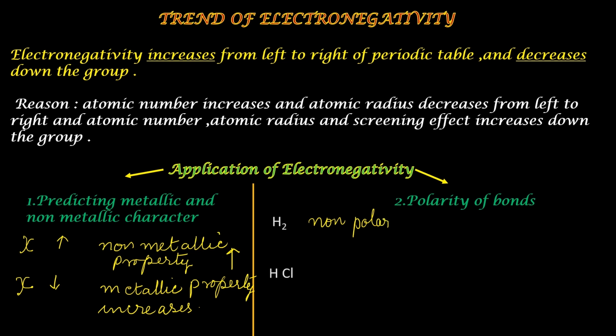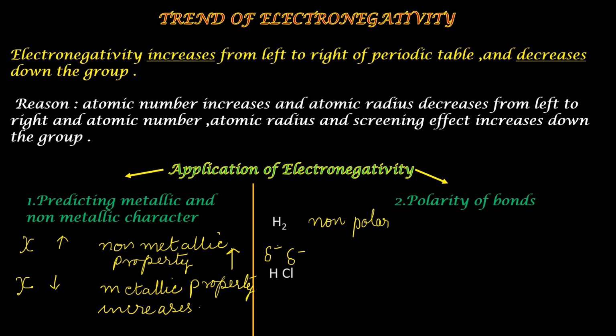But the covalent bond in hydrogen chloride is not like this. The shared pair of electrons will remain closer to chlorine atom because chlorine is more electronegative than hydrogen. So chlorine develops a delta negative charge, that is a partial negative charge, and hydrogen develops a partial, that is delta positive charge.